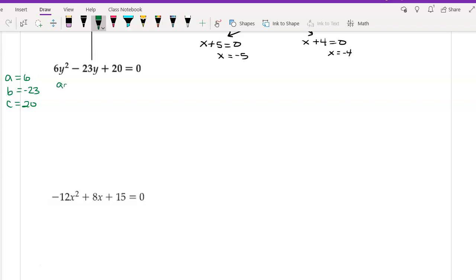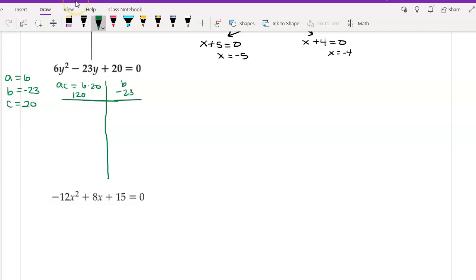So a times c equals 6 times 20, which is 120. I'm only going to be looking at the negative factors of 120, because a negative times a negative will get me that positive, and then my b is that negative 23.